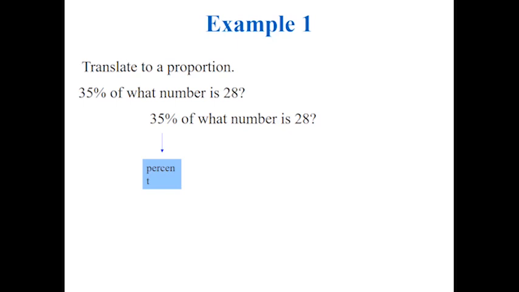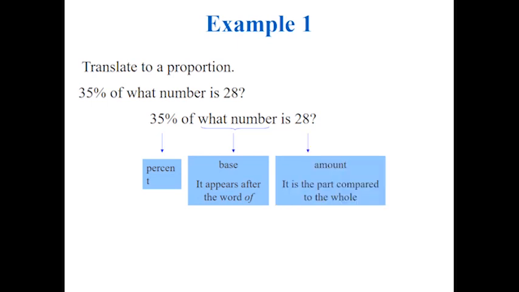Well, 35% is our percent. Of what number? Since what number comes after of, that is the base. Base always appears after the word of. Which means that leftover number 28, that's the amount.